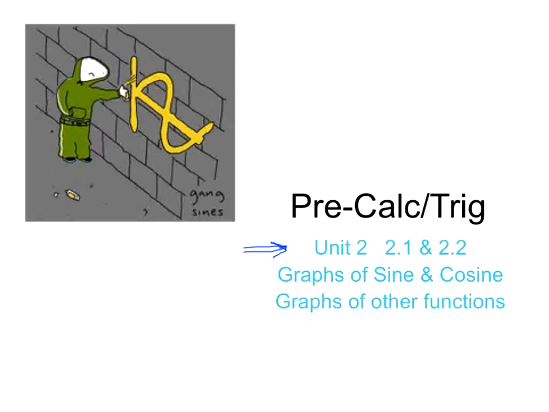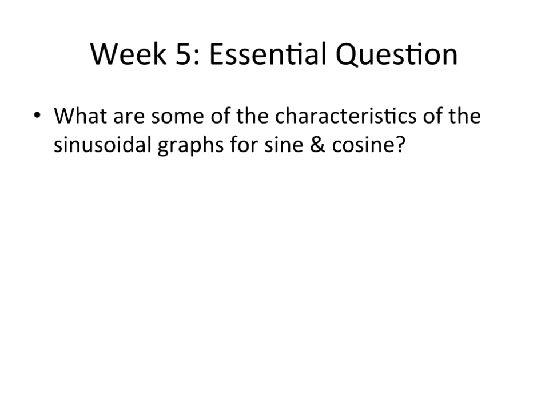So just a quick recap of what you should have learned at the end of last week. I guess we'll start with our essential question. This will be up again at the end of the session for week 5, so don't feel like you have to write it down this moment unless you just want to. My question is, what are some of the characteristics of the sinusoidal graphs for sine and cosine?